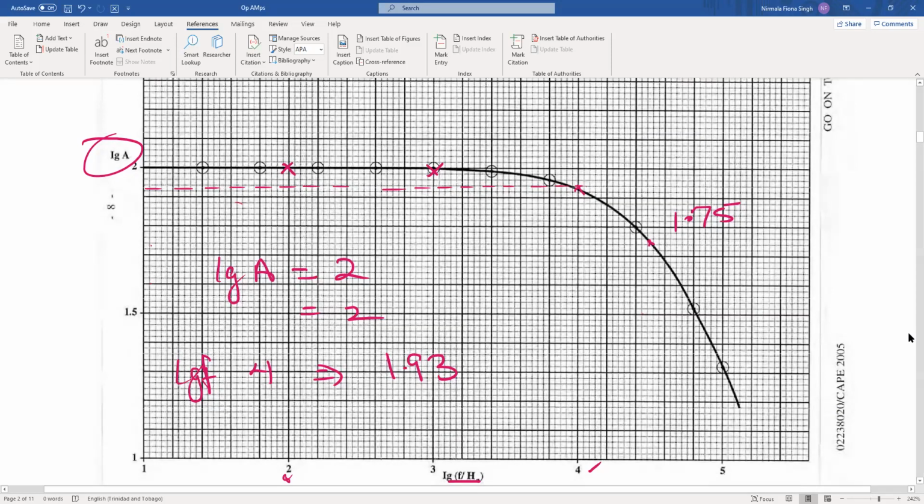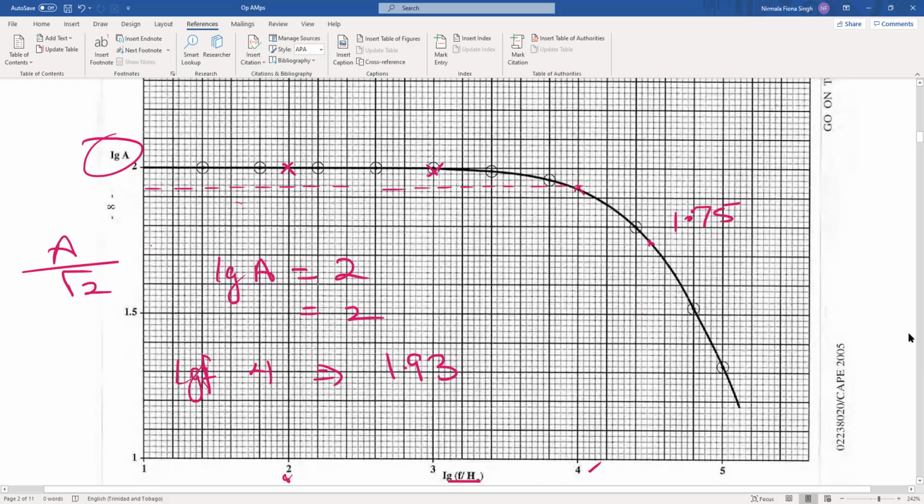We find our bandwidth at the gain over root 2. So 2 divided by root 2 is 1.4.